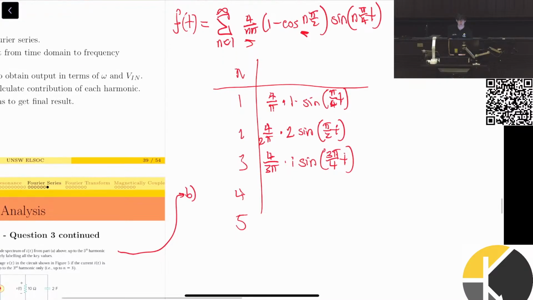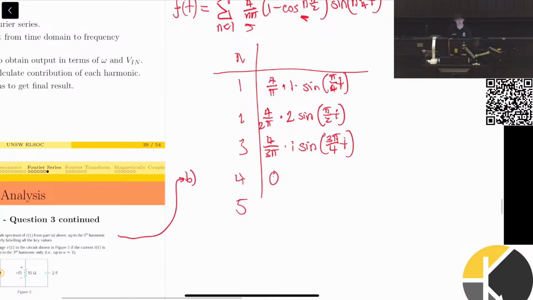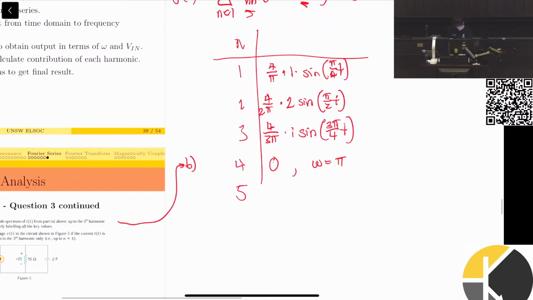Cos of 2 pi is 1, 1 minus 1 is just 0. So this is entirely 0, but the frequency we're meant to have here is omega equals pi. And for the last one, we have 4 on 5 pi times 1 sine of 5 pi on 4t.